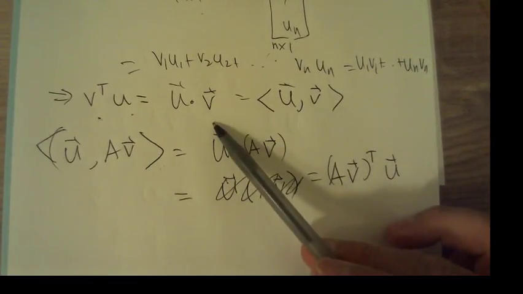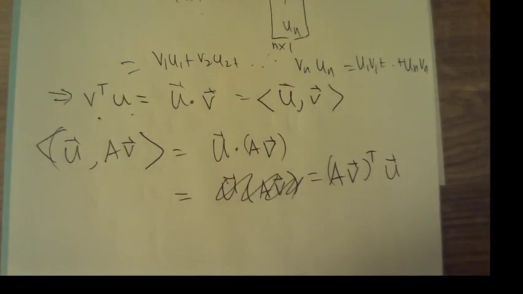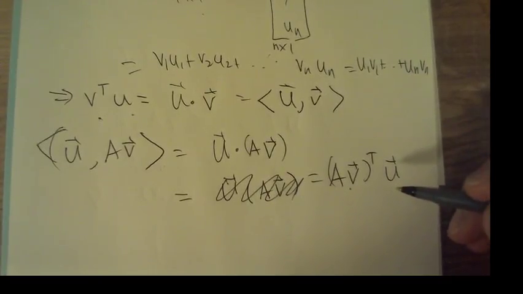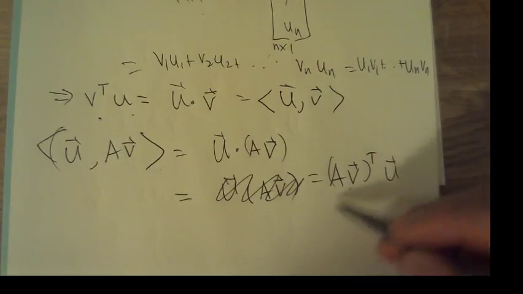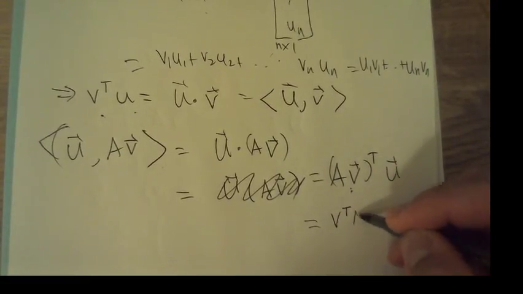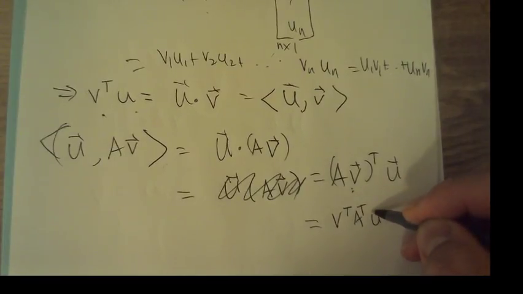Kind of working our way this way. You see that's why I thought of them as column matrices instead of the row ones. But you can make it work. Again, just make sure all of the matrix operations work out okay. Because then from here, remember, applying some transpose properties, we get V transpose A transpose U.